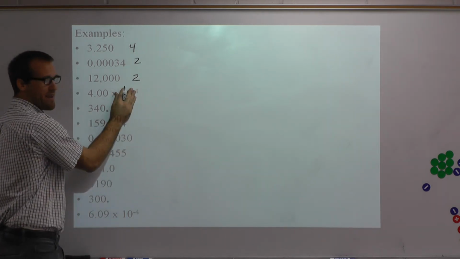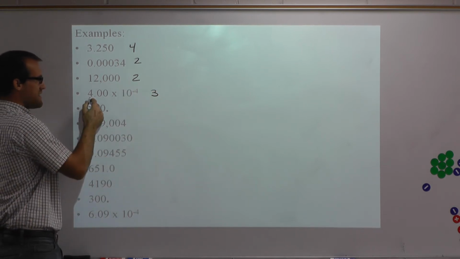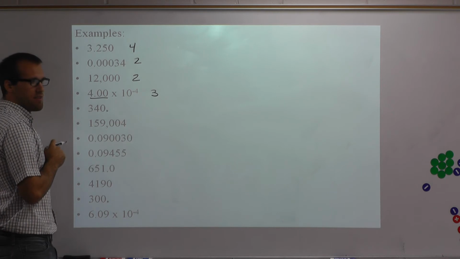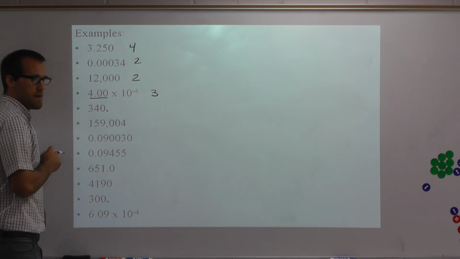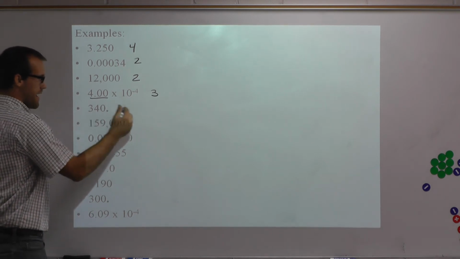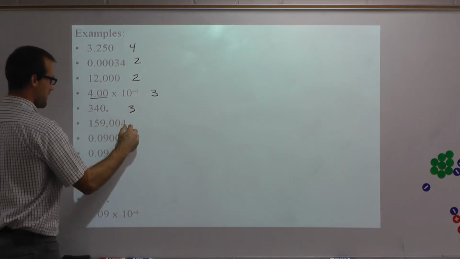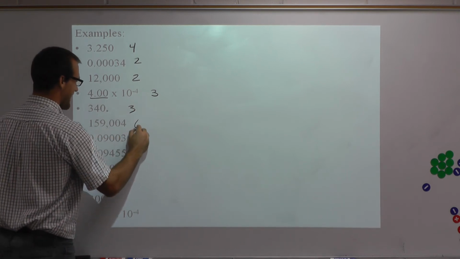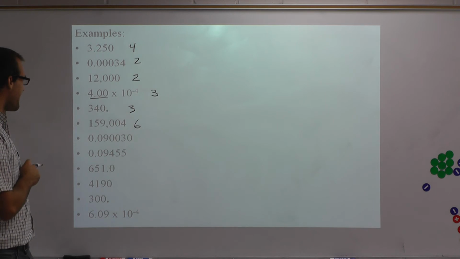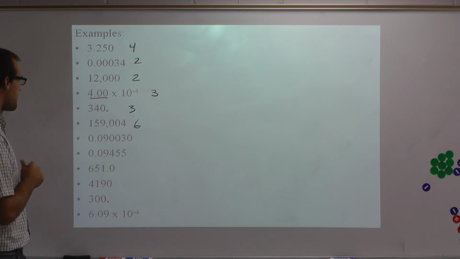Anytime you have it in scientific notation, based on the rules, if you write it correctly, all of them should be significant. Okay? Tyler. 3. Yeah, you see that little decimal there. Very good. Shelby. 6, right? Yes. I purposely blew it up so that it would be bigger.